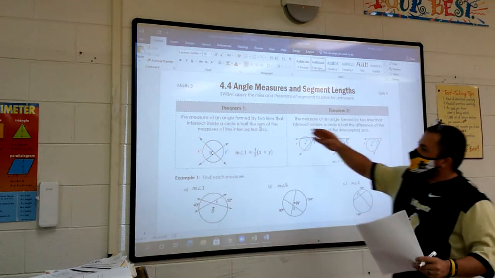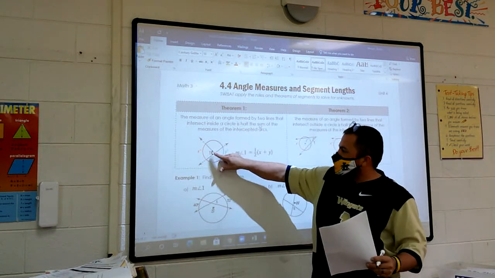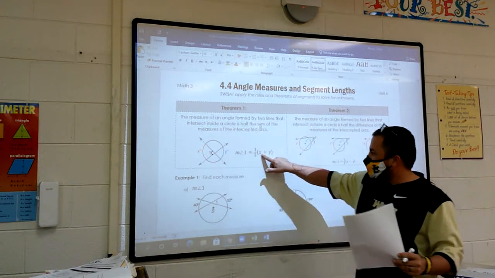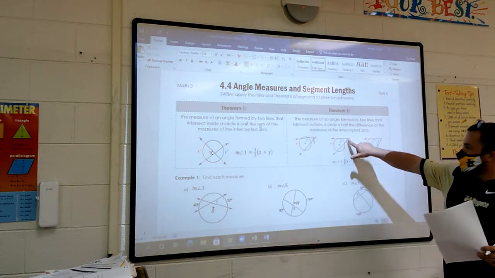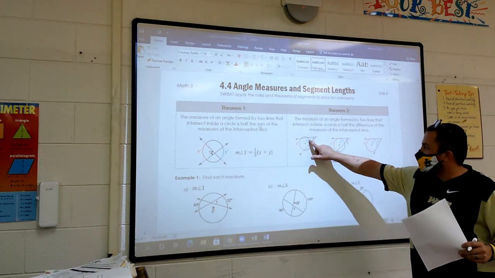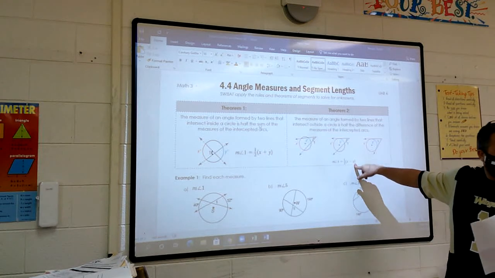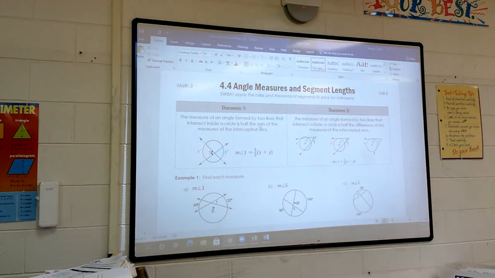If the angle is inside of the circle, I take the two arcs and add them and multiply by 1/2. If the angle is outside the circle, I take the two arcs and subtract them and multiply by 1/2. So there's the difference. Inside of the circle, I'm adding them times 1/2. Outside of the circle, I'm subtracting them times 1/2.